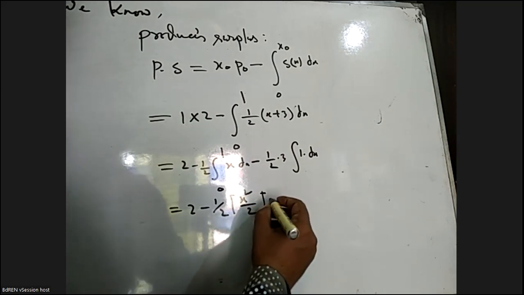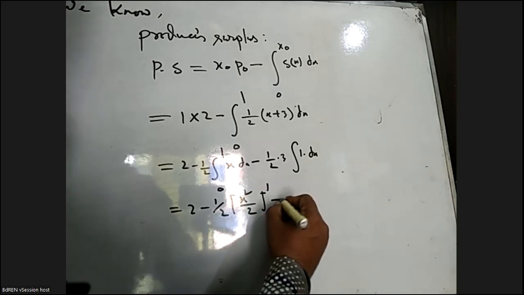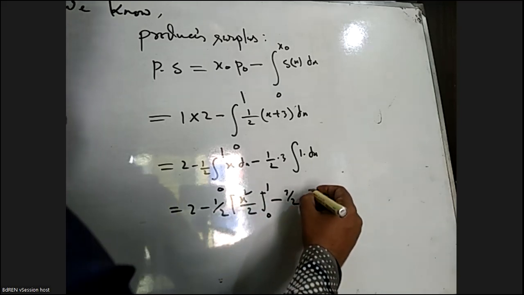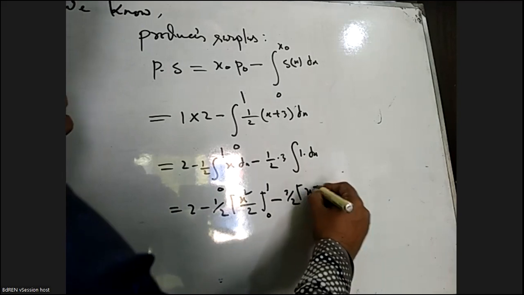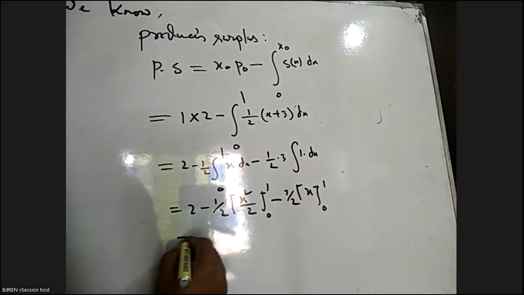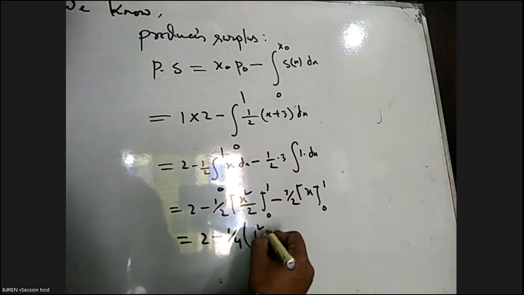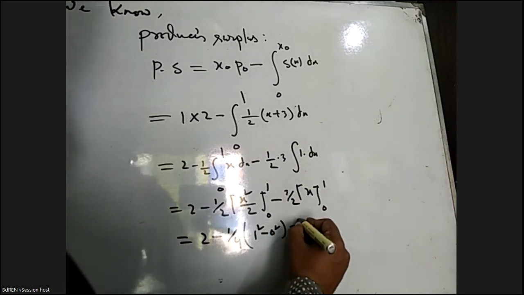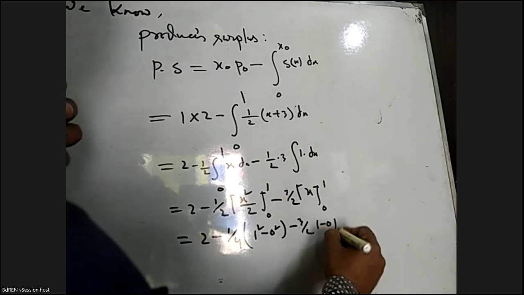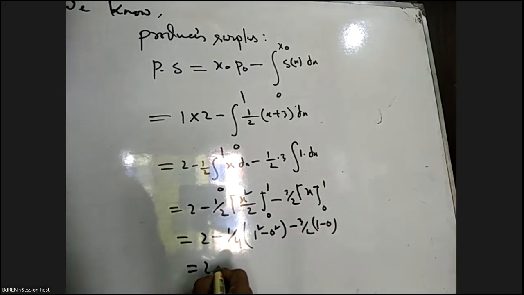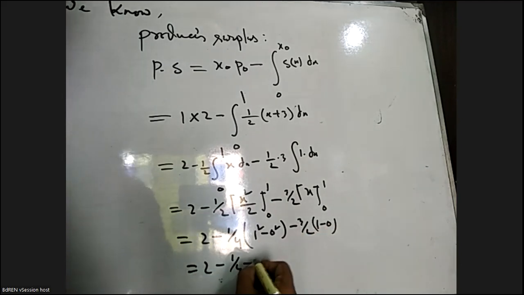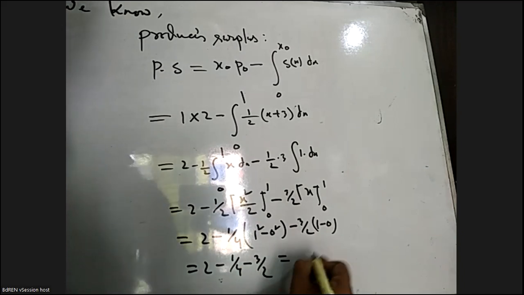So x square by 2, 0 to 1, minus 3 by 2, the integration of 1 is x. Just putting upper limit and lower limit, this will be 1 by 4, 1 square minus 0 square, minus 3 by 2, 1 minus 0. So 2 minus 1 by 4 minus 3 by 2.